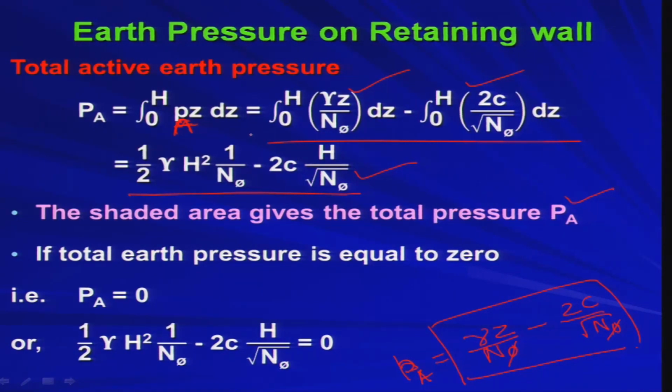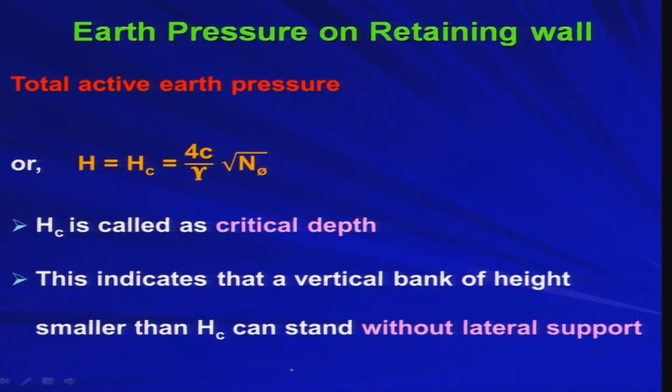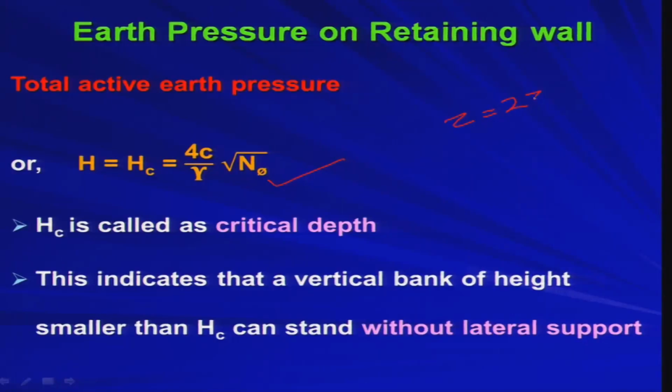Now, if the total earth pressure, this total thrust, becomes equal to 0, then I can find out the depth, because we already talked about this when z equals twice z naught, do you remember? At that time the negative triangle and the positive triangle cancel each other.